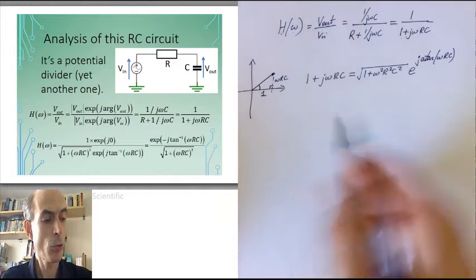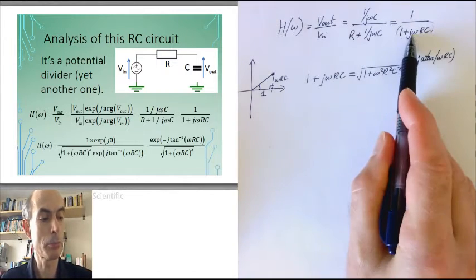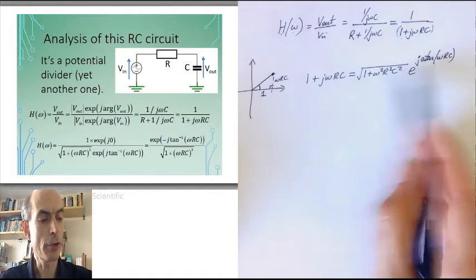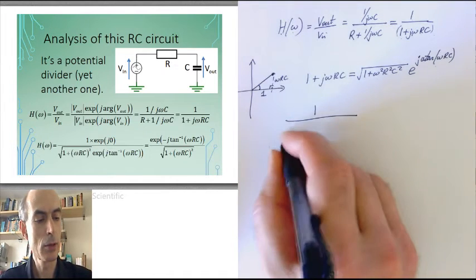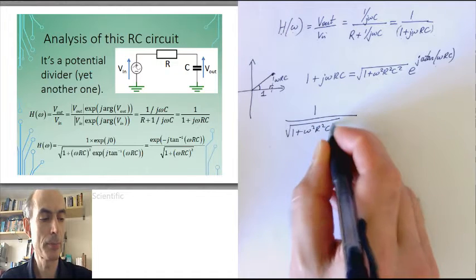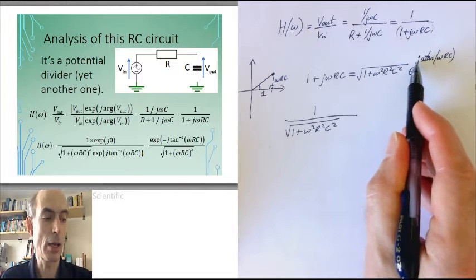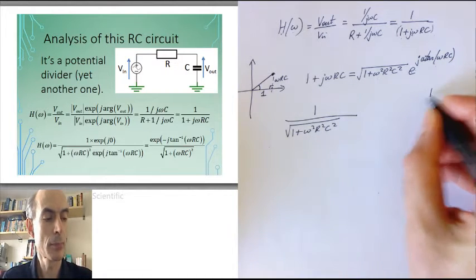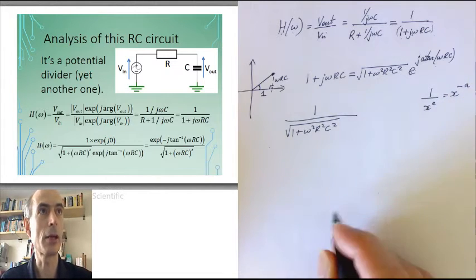Okay, so I've got that expression now as a complex number in polar representation, but I need 1 over this number. Well, that's just going to be 1 over the square root of 1 plus omega squared R squared C squared, times 1 over e to the power of j atan omega RC, but 1 over x to the power of a is just x to the power of minus a.